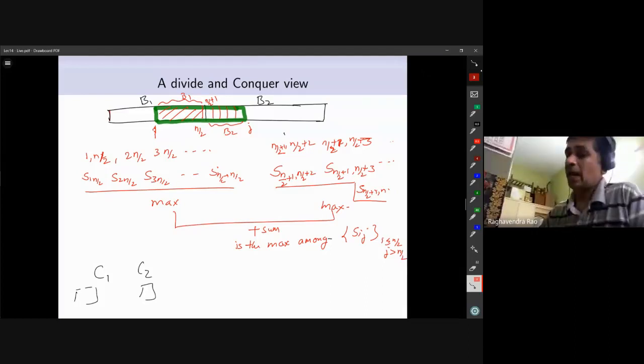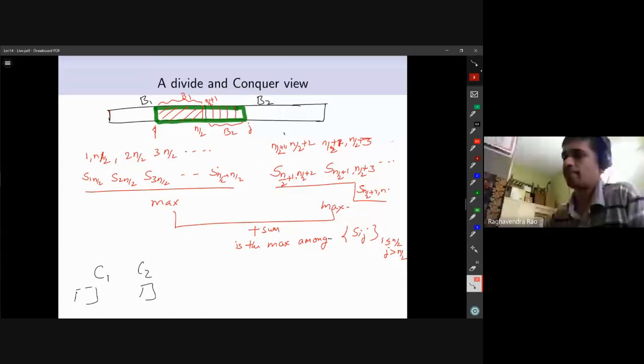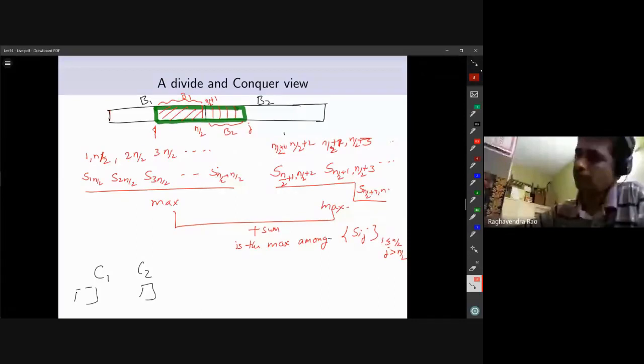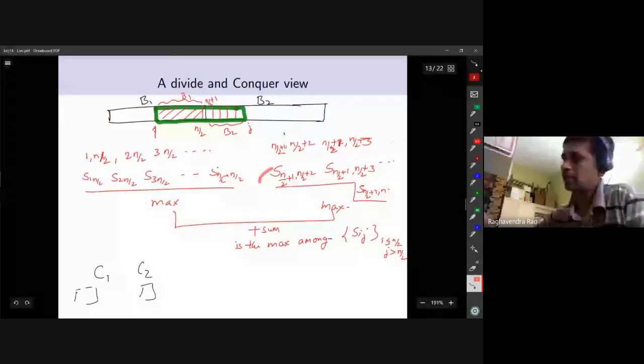What I am looking for is the set which consists of pairwise sums of these, and I want the maximum. How do I get the maximum? I pick the maximum from the left hand side and the maximum from the right hand side, and add them. That will give me the maximum.